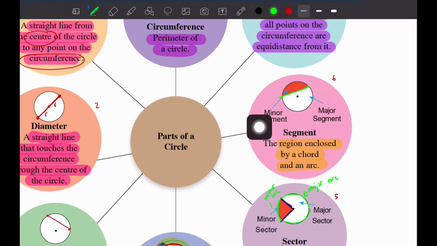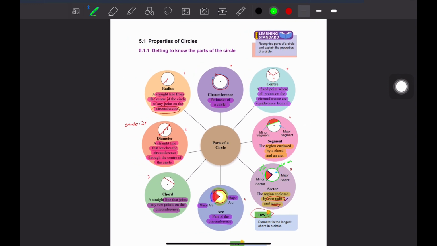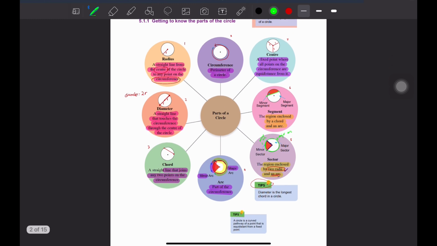We know that small we call it as minor. So the red one is minor segment and the big one is major segment. I hope it's clear for you about these 9 parts of a circle.